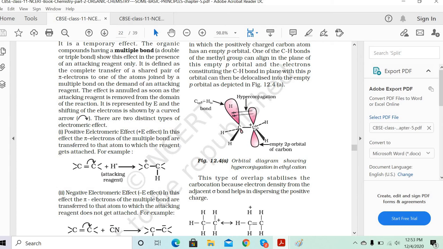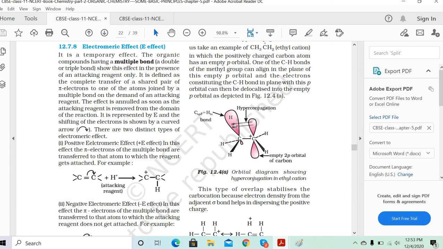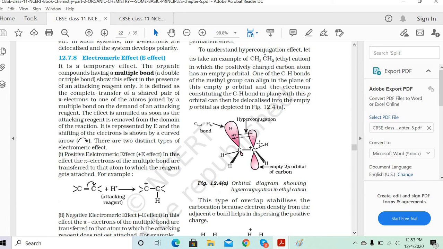This carbon atom is in the sp2 hybridized state, so that's why you have the p orbital there. Once you have the p orbital, there is a possibility of forming the double bond between the CH and the other C, another CH. Got it? That is called hyperconjugation, because the CH bond can form another pi bond with the p orbital of the other carbon atom.